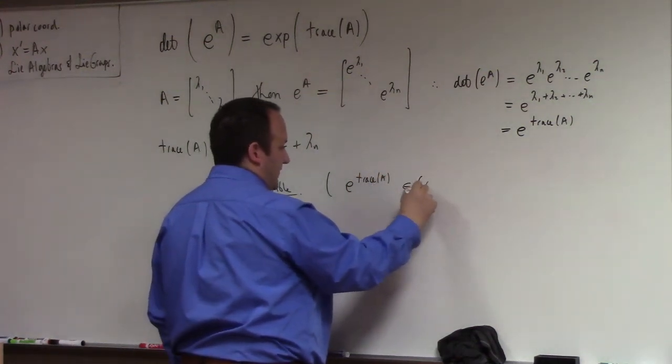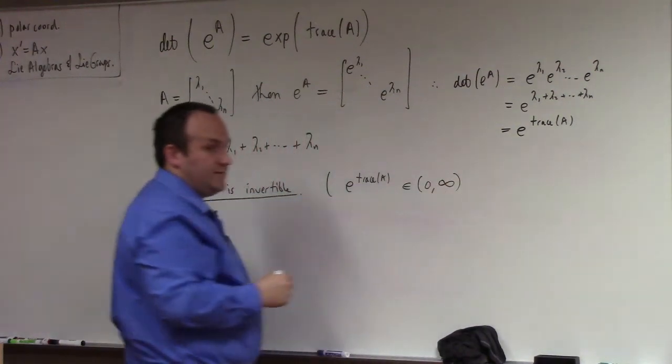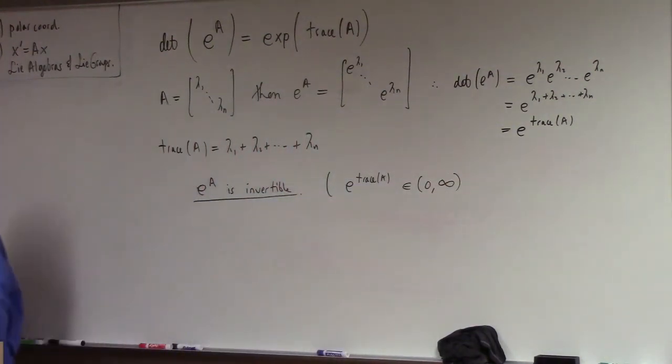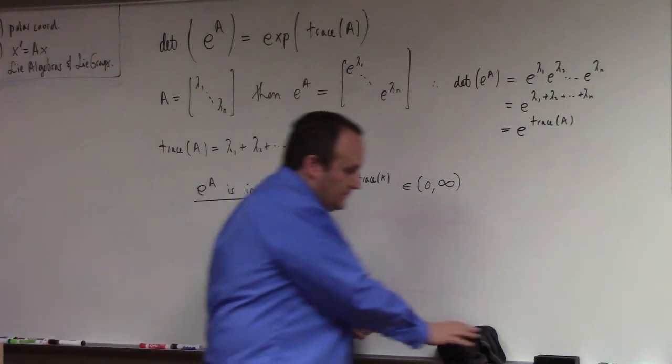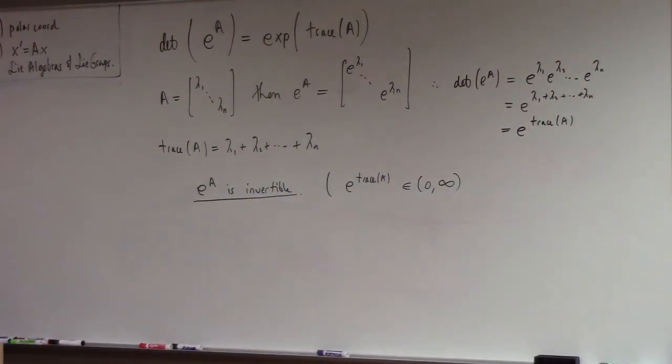That's an element of the real numbers going from 0 to infinity, right? For a real matrix. So what you can do, it's kind of interesting, is you can look at paths in the group.